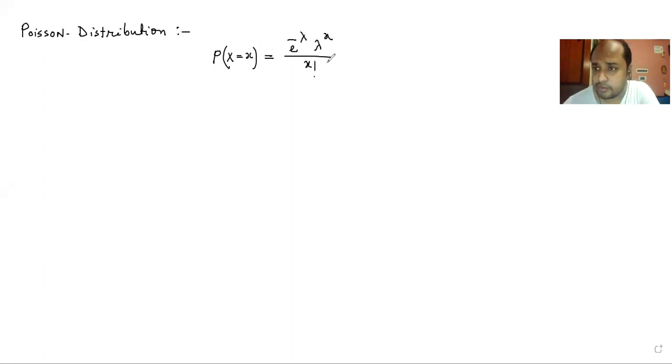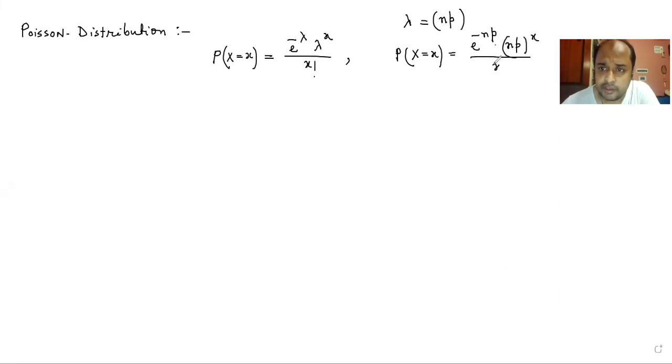Also, lambda is obtained by multiplying the number of experiments by the probability of success, so the Poisson probability can be re-expressed as e to the power minus np, np to the power x by x factorial.